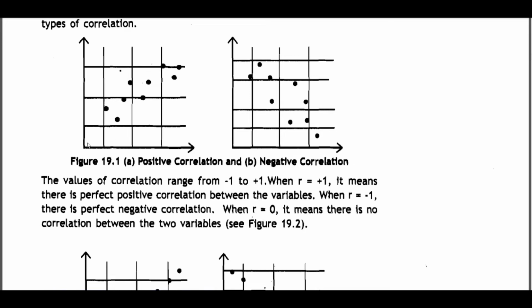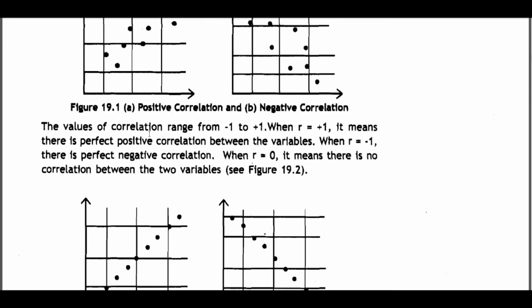But in positive correlation, both sides increase. If the value at this point increases, automatically the value of the other point increases. So generally it increases. The amount of increase is not in exact proportion, but there is an increase.